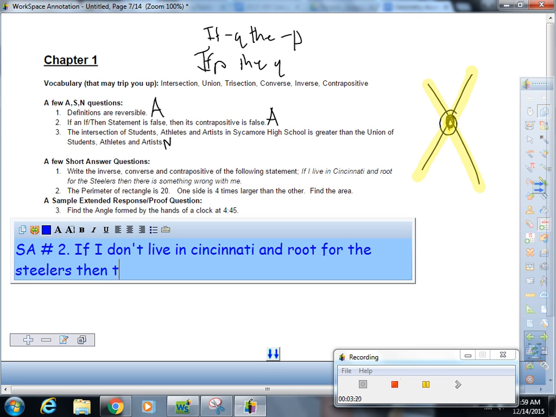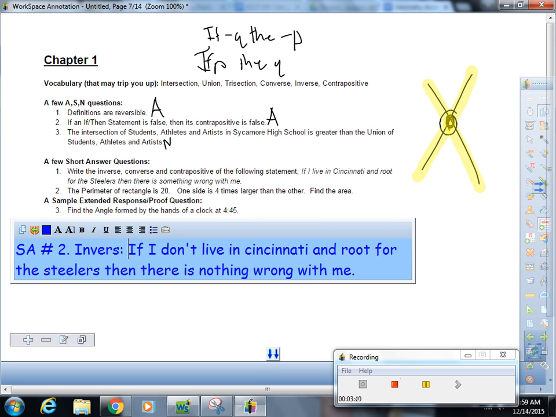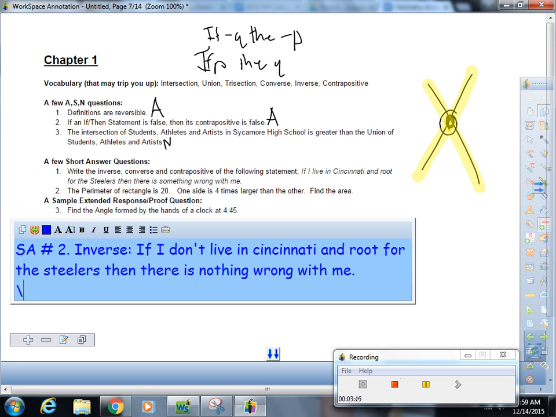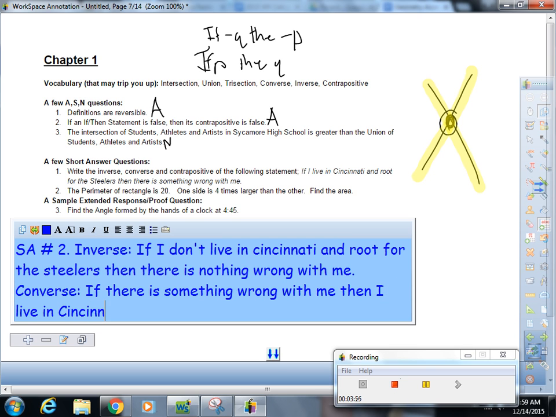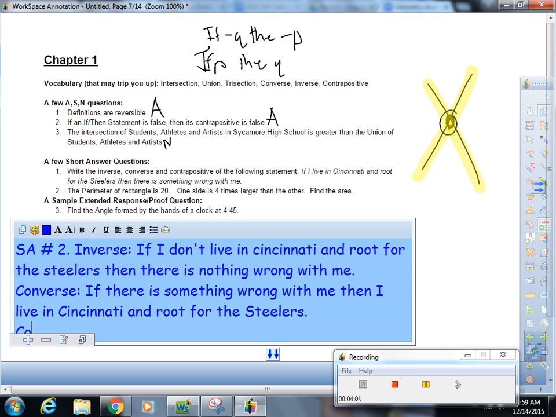The converse of this statement would be, if there is something wrong with me, then I live in Cincinnati and root for the Steelers. Especially after yesterday. And the contrapositive would be, if there is nothing wrong with me, then I don't live in Cincinnati and root for the Steelers.